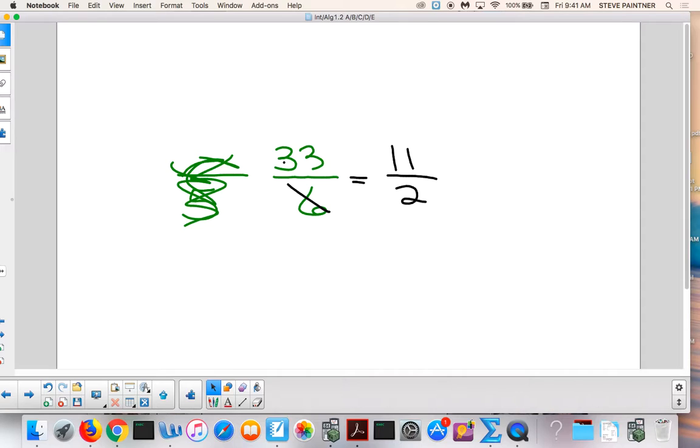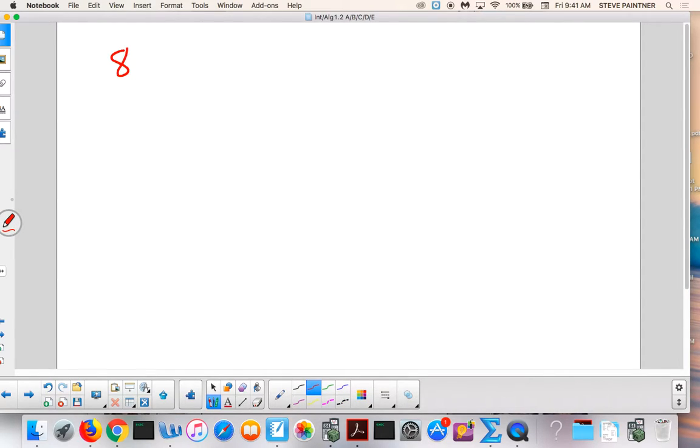Just get it. If you don't get it, you get 3. Okay. Are you on number 8? I'm just trying to show you like what I want you to do. That's all. Looking for a person with their book open.